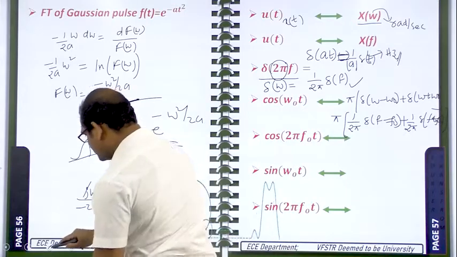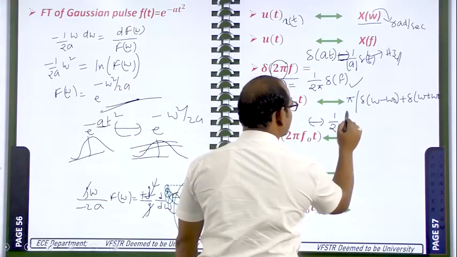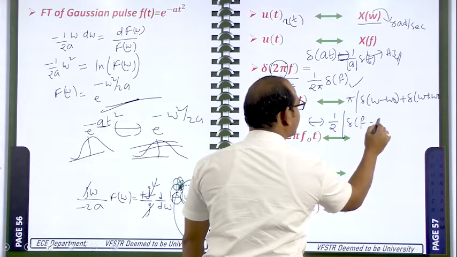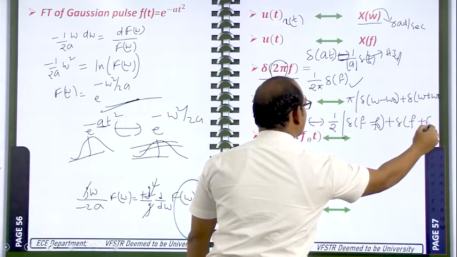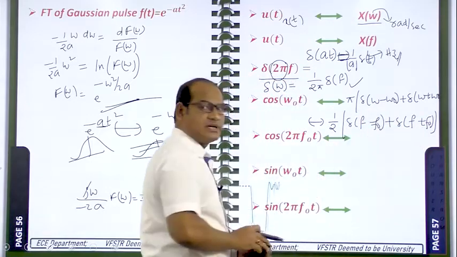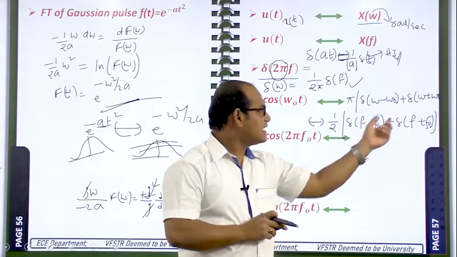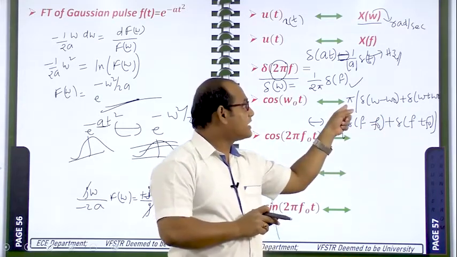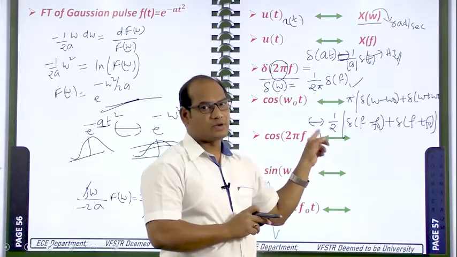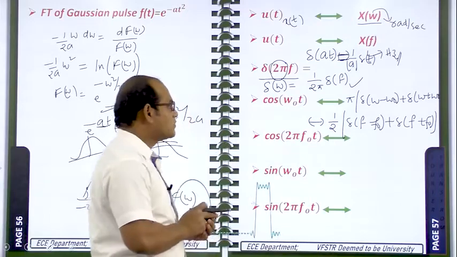Finally we can write 1 by 2 times delta of f minus f naught plus delta of f plus f naught. Just to compare these two: here delta of omega minus omega naught plus delta of omega plus omega naught is there, and here delta of f minus f naught plus delta of f plus f naught is there. Here the multiplication is with pi, here the multiplication is with 1 by 2 only. Here pi terms are not there. That is the observation you have to take.